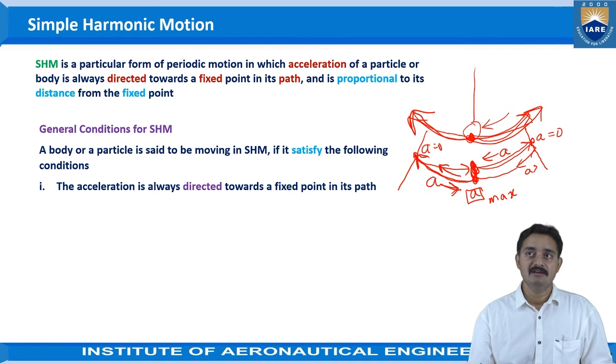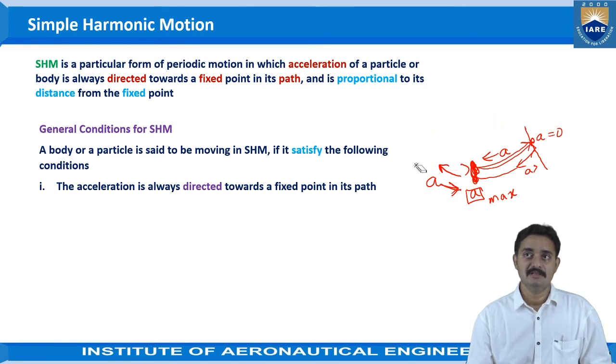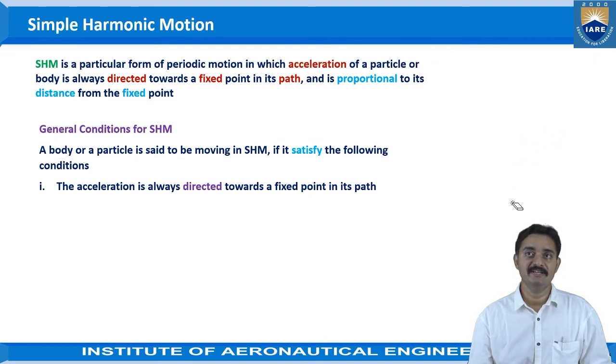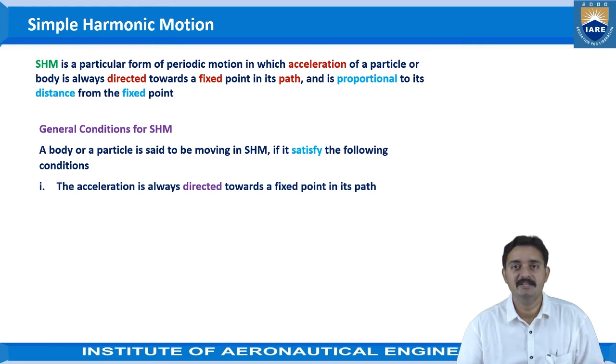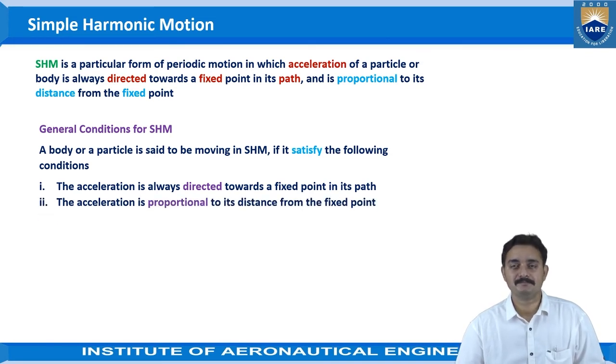In this way, in a simple harmonic motion, the acceleration will always be directed towards the fixed point in its path. That fixed point will be the mean position.